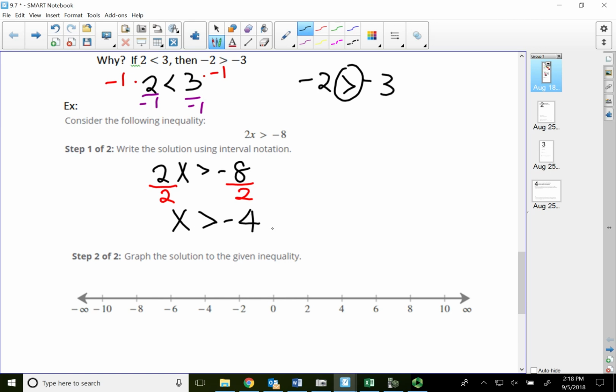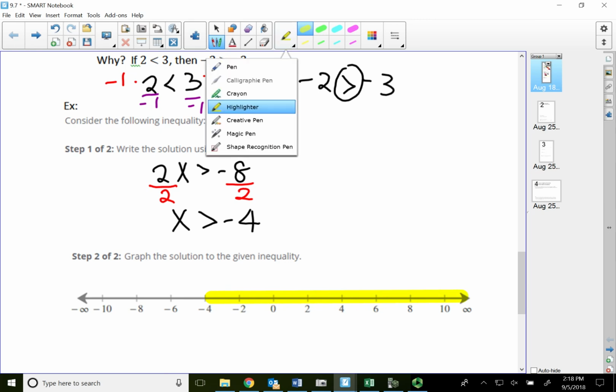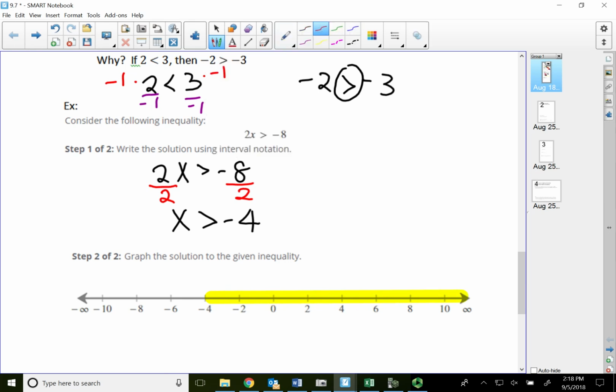That's not interval notation yet, because now I'm looking for all the numbers that are greater than -4. That means my solutions are everything to the right-hand side of -4. Since my inequality does not have an equal to, I will use a parenthesis, open interval.